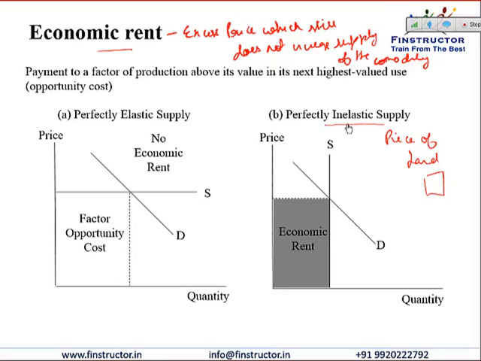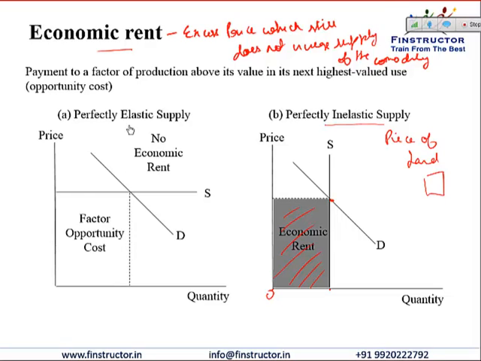So for perfectly inelastic supply, even with a $0 price for the land, the supply of that land is fixed. So whatever price that you are paying is all the economic rent. That is, this is the excess price. No matter how much of it you pay, the supply of the commodity will not increase.